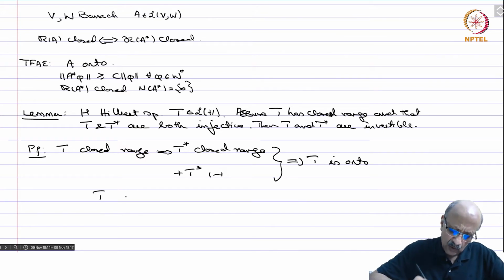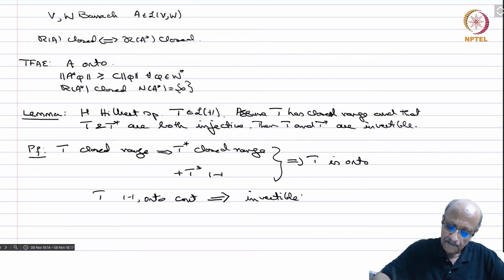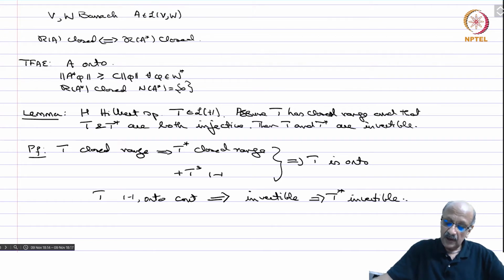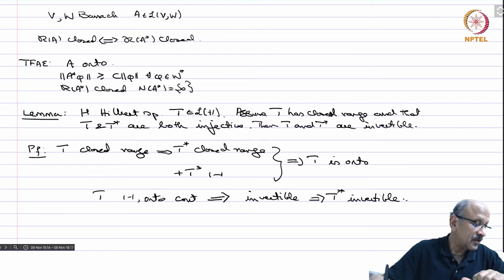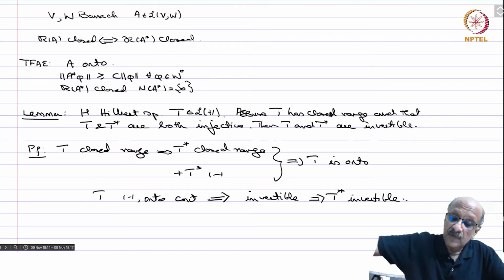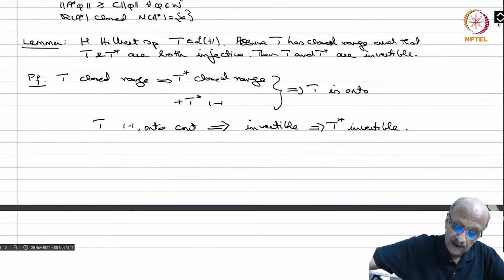So T is 1-1 onto, continuous, and therefore by the open mapping theorem it is invertible, and that also implies that T invertible means T star is invertible, as we have already seen yesterday. Okay, so T and T star are both invertible. So this is a very useful lemma which we will have occasion to use today again and again.